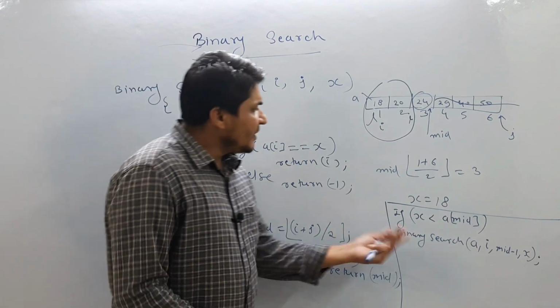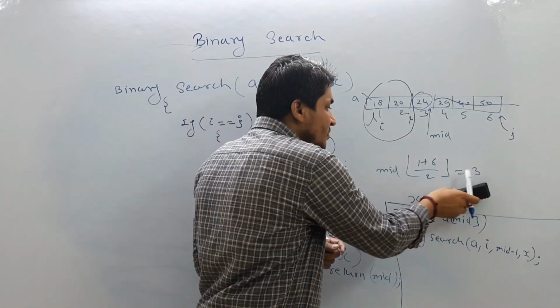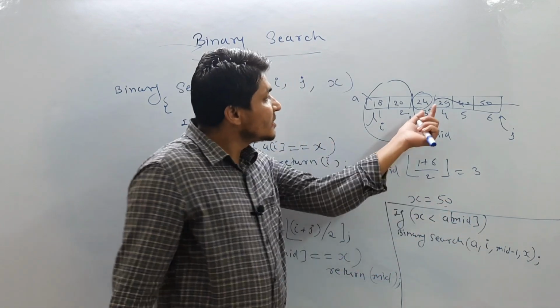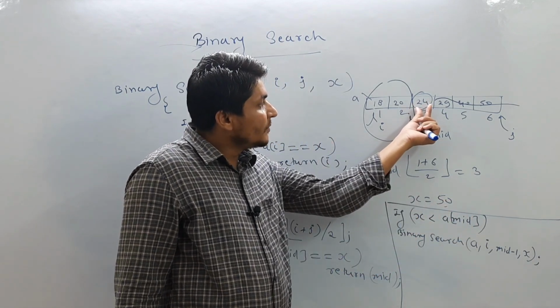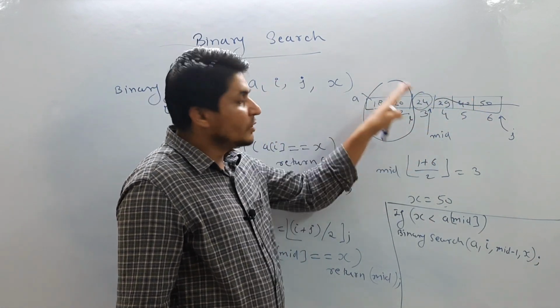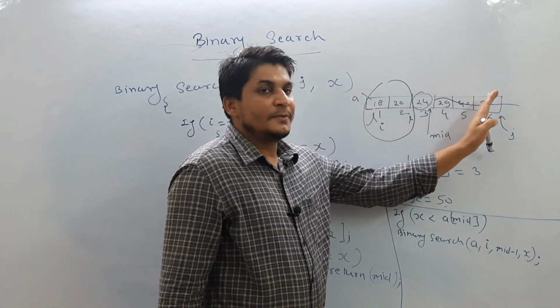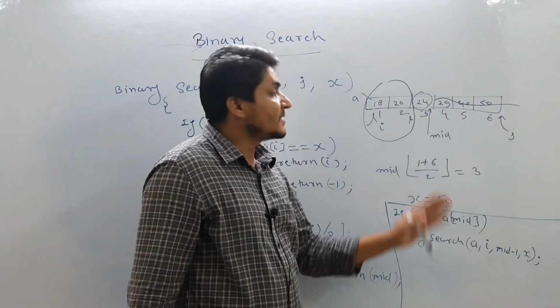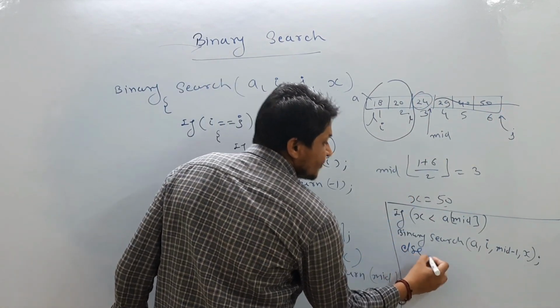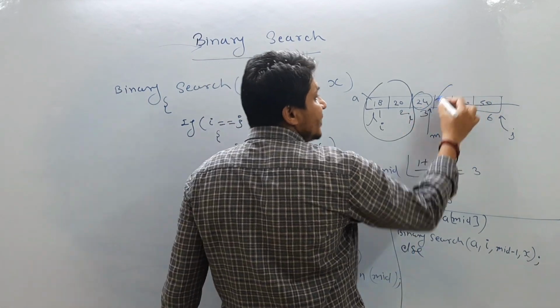Now one more possibility: you were searching for, let's say, 50. Because you are looking for greater than me, you don't need to go this side, you need to go to the right hand side. So I will call the else. Simply I can write else, my value is available on the right hand side.